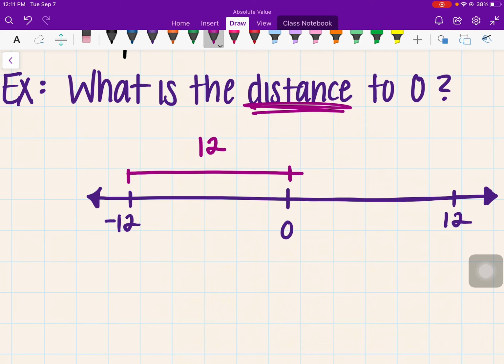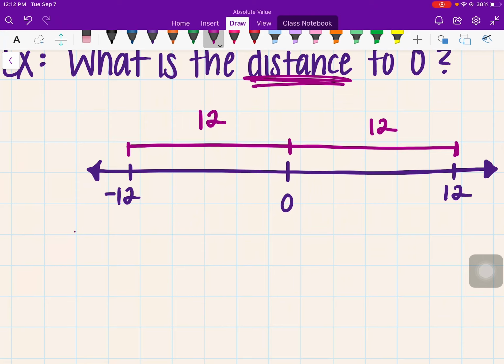Same thing if I were to count from 0 to 12 or 12 to 0, the distance will also be 12. So the absolute value of -12 will equal a positive 12, because we are calculating the distance from that number to 0.